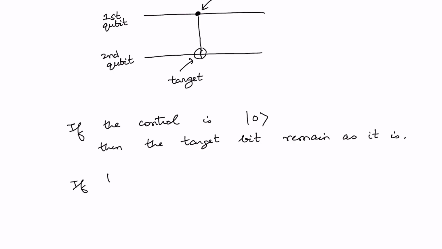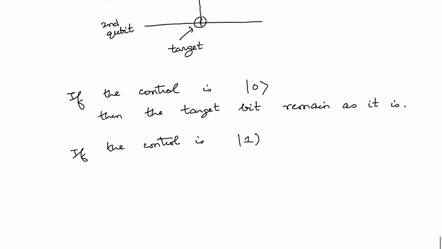If the control, on the other hand, is 1, then the target qubit gets flipped. Okay, so let me explain it further.